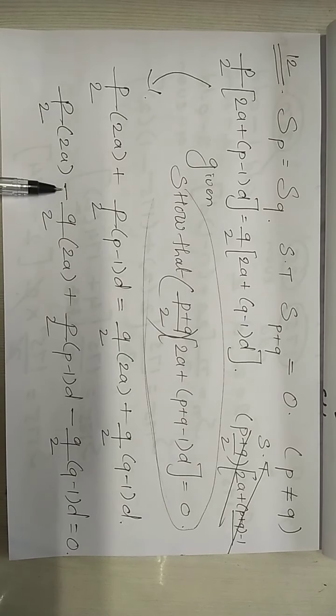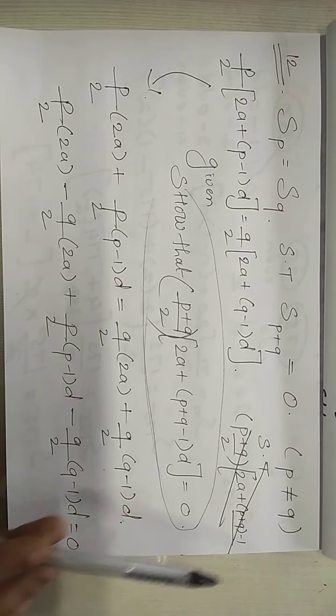It will come here, so it will be minus q upon 2 times 2a. This p upon 2 times (p minus 1)d is written here and this q upon 2 term will come on the LHS. It will come on this side, so it will become minus q upon 2 times (q minus 1)d. So what remains on the RHS if both the terms are gone here? Then nothing remains. That means 0 equal to 0.